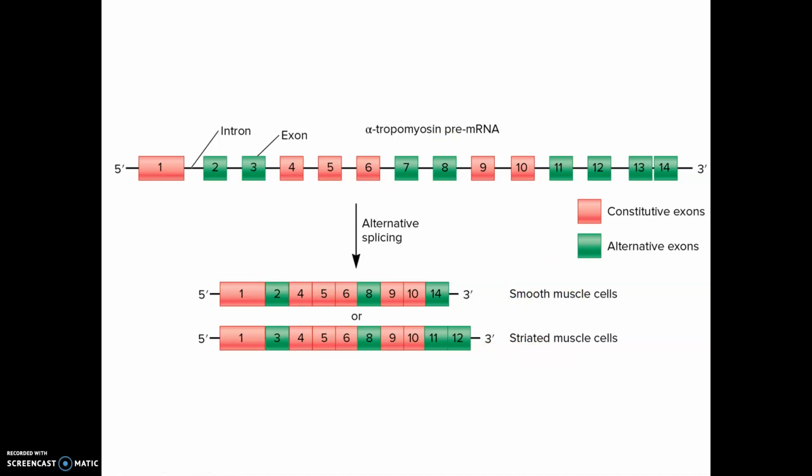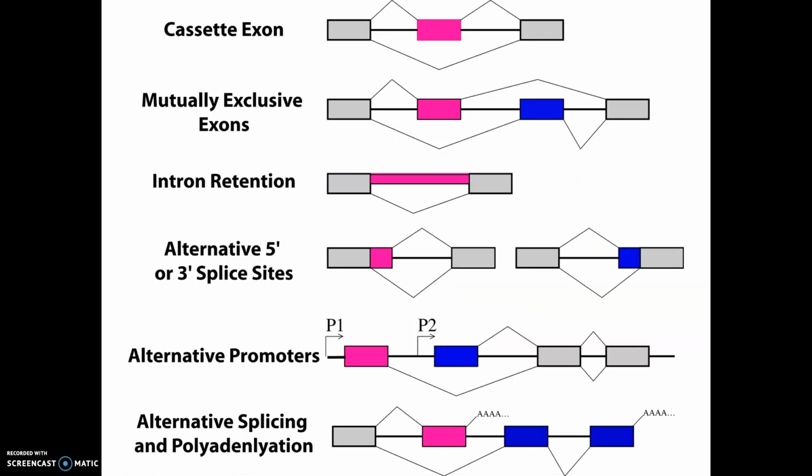So remember, your DNA is the same, but because these two cells need different versions of tropomyosin, they can alternatively splice it. And you'll see in striated, it's longer. It has 3, whereas here they have 2. This has 11 and 12, this has 14. So this is alternative splicing that's giving you 2 different functions in tropomyosins depending on your tissue type.